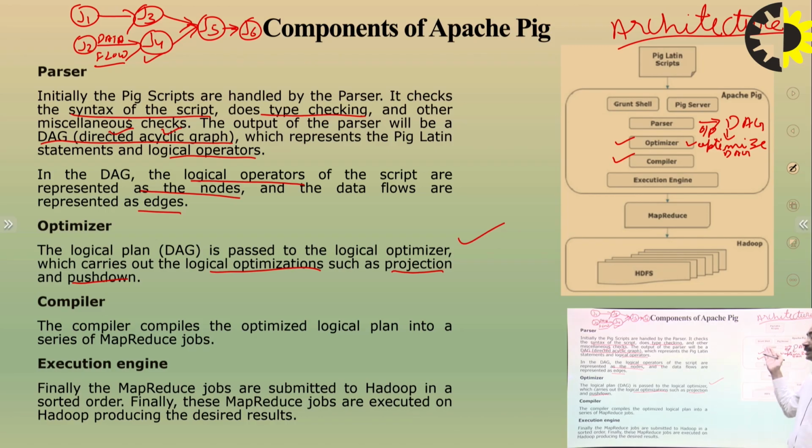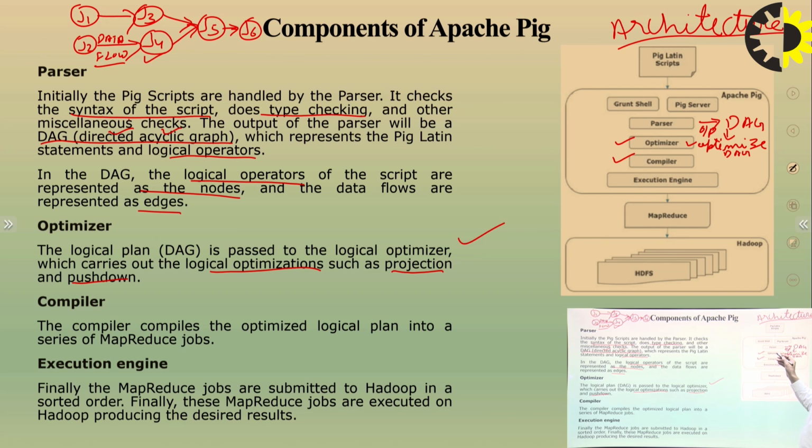So we have the parser first. Its task is checking of syntax, type checking, and generating a directed acyclic graph. A directed acyclic graph, also called a logical plan, is a graph that contains two pieces of information. First one is the logical operators via nodes, and second one is data flow via edges.